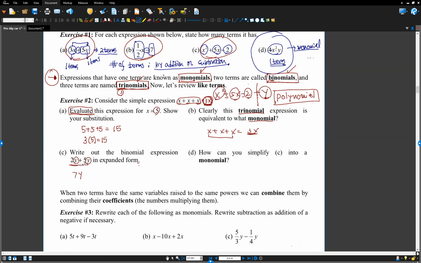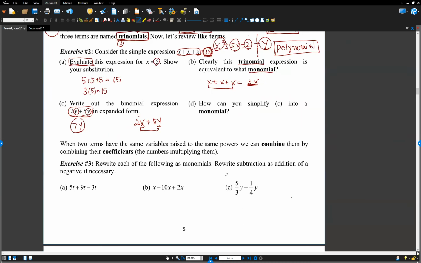You can change this two-term binomial to monomial because they are like terms. Only like terms, you can reduce the number of terms. If we have 2x plus 5y, this is not like terms. This is a binomial. We cannot reduce to monomial. Yes? Okay.